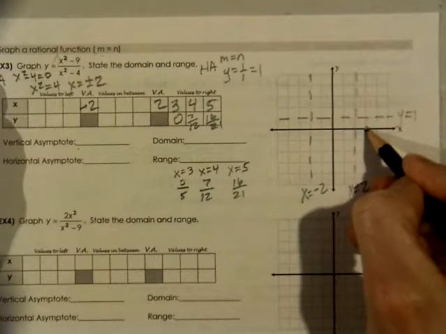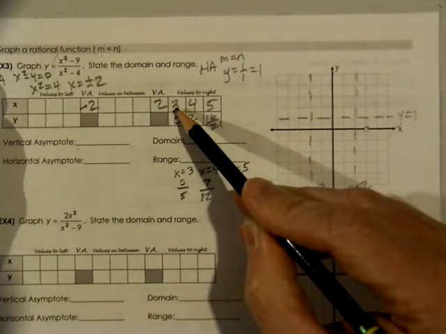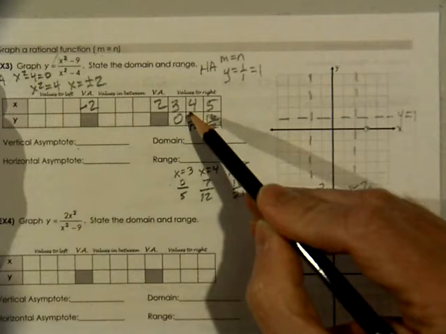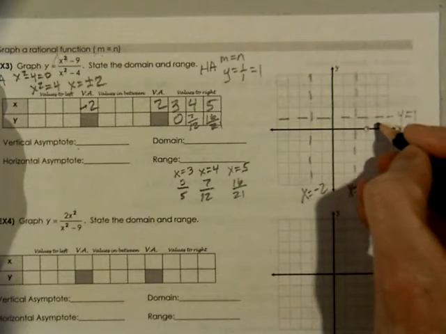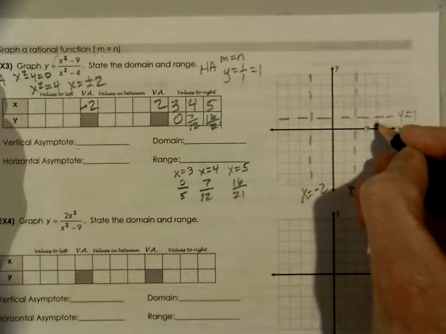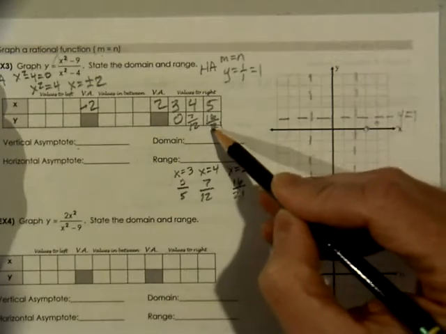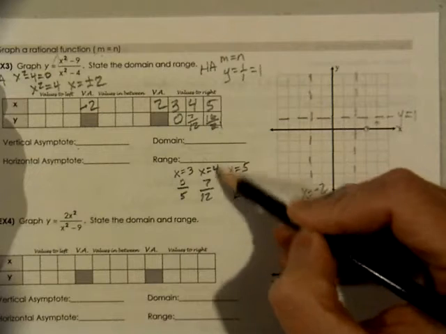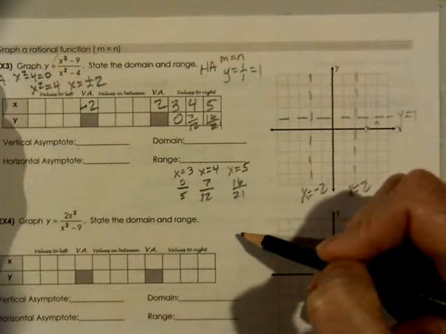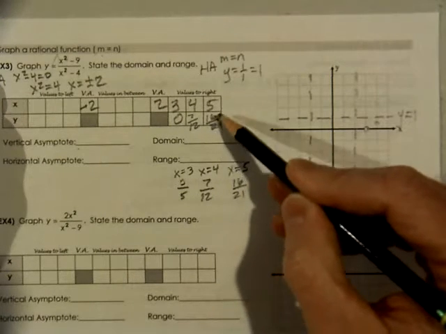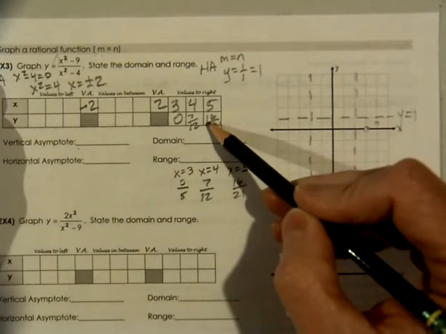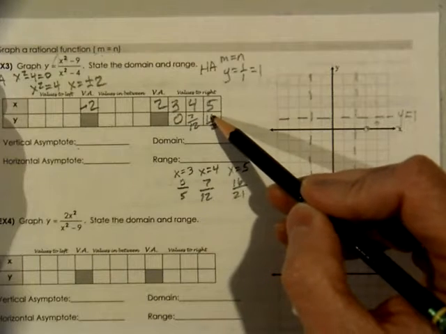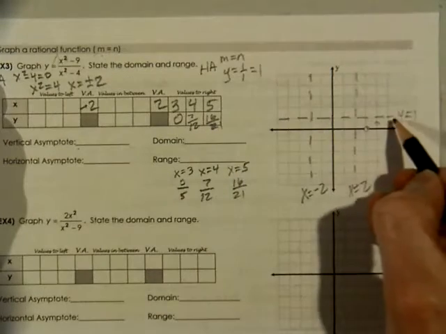We plot our points. When x is 3, y is 0. 7/12 is very close to 6/12. And then 16 over 21 is more than 10 and a half. 10 and a half would be half, so it's more than a half.